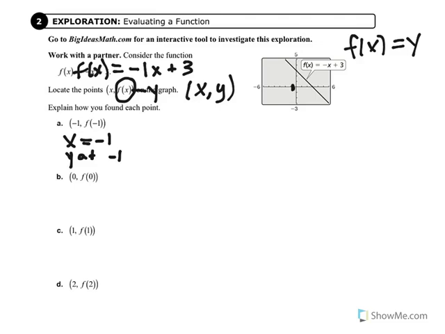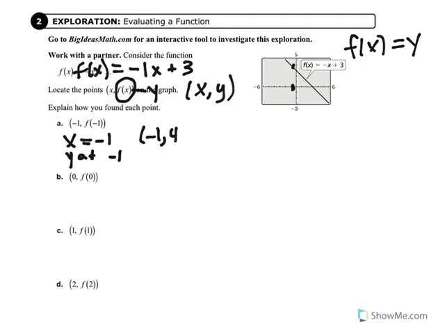What is your y value? Well, that's up there, right? Your y value looks like 1, 2, 3, 4. It's 4, because it's right here, okay? So this would be -1, comma 4 would be our point, okay?